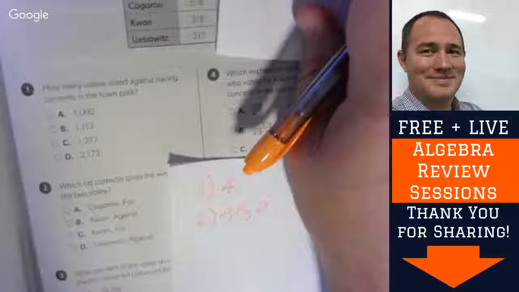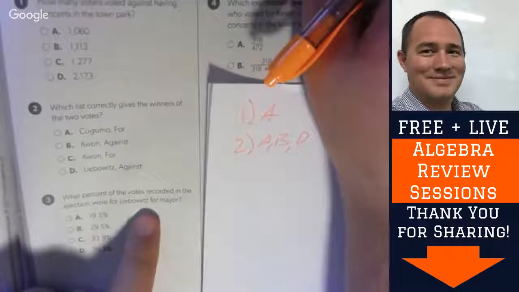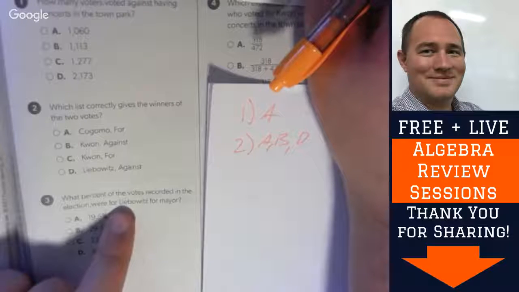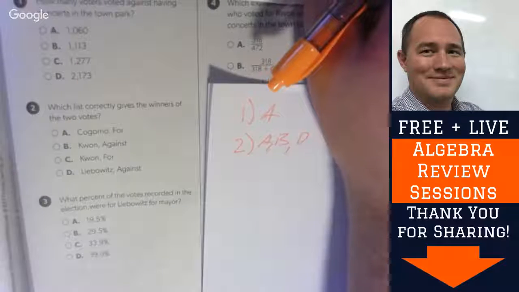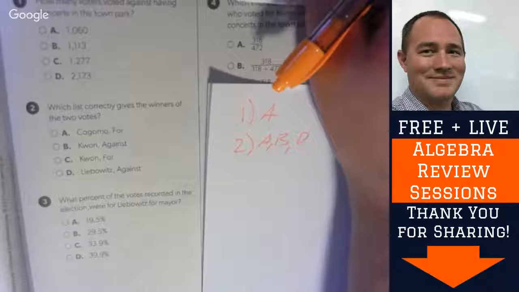Now, question 3, what percentage of votes recorded in the election were for Leibowitz for mayor? What percent of the votes recorded in the election were for Leibowitz for mayor?